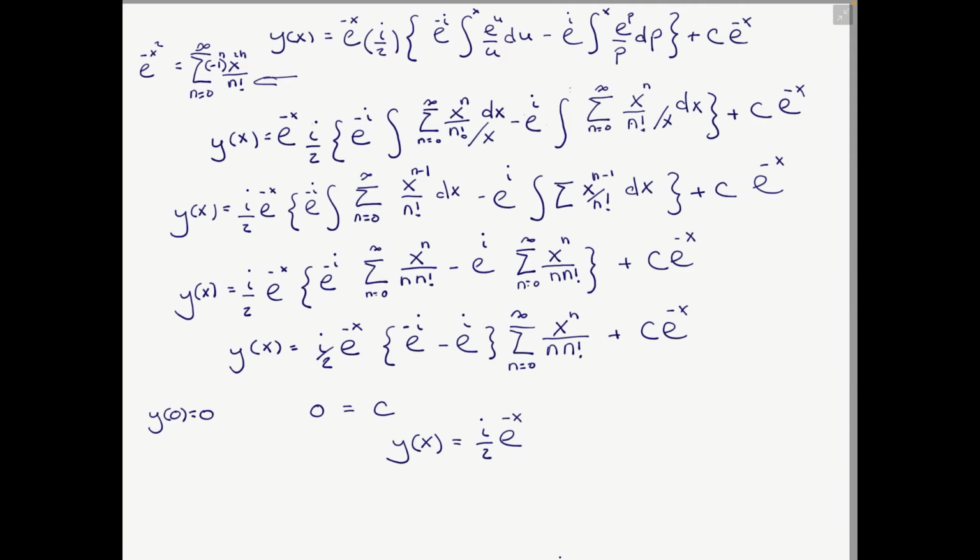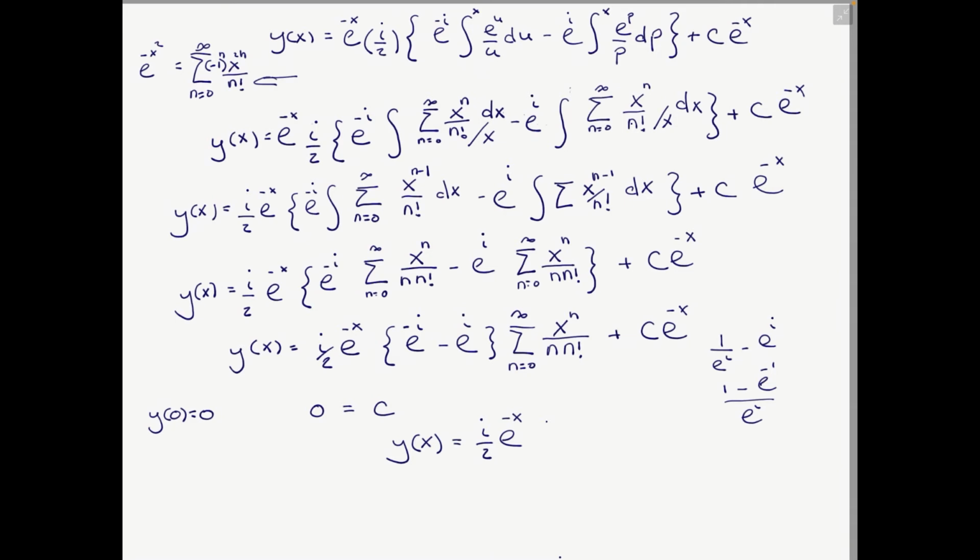I don't know if this is really worth it, but we have 1 on e to the i minus e to the i. We have 1 minus e to the minus 1 on e to the i.